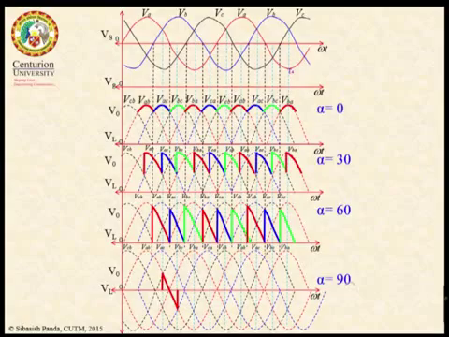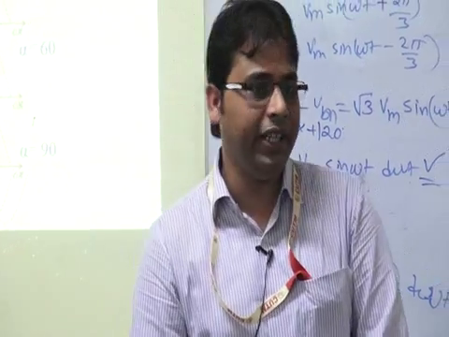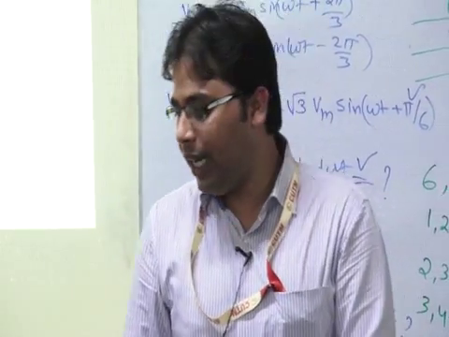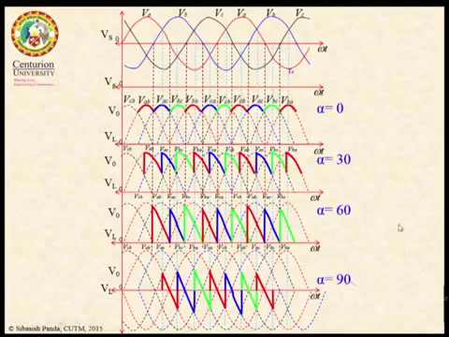But we can see the positive interval and the negative interval are both the same. So the output voltage will be 0 during this firing angle of 90 degree.